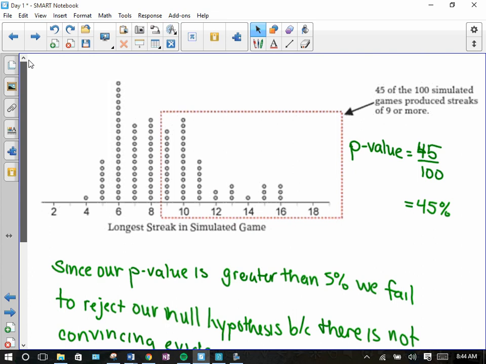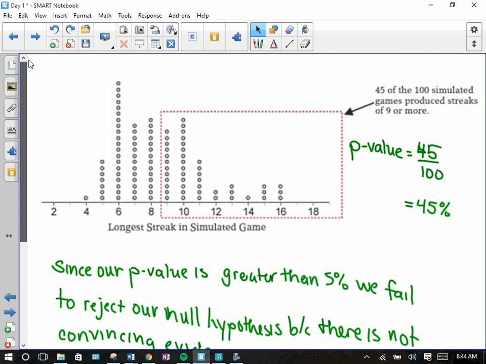If the p-value for this chart was 1%, we would reject our null hypothesis, right? It has to be less than 5%. Our p-value would have to be less than 5% for us to conclude that there is convincing evidence to support that Tony Romo had the hot hand.